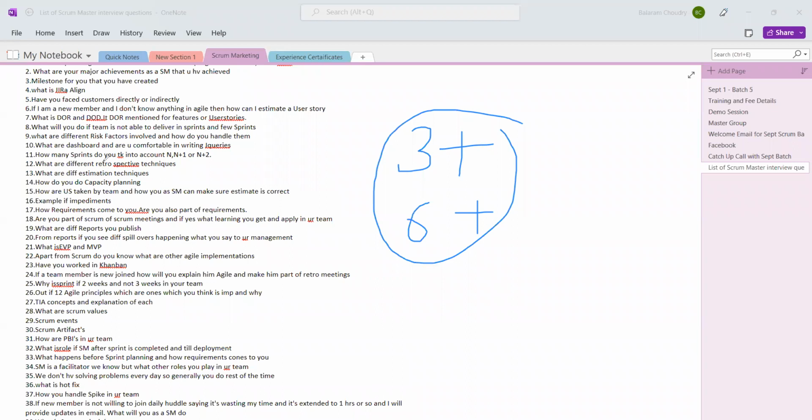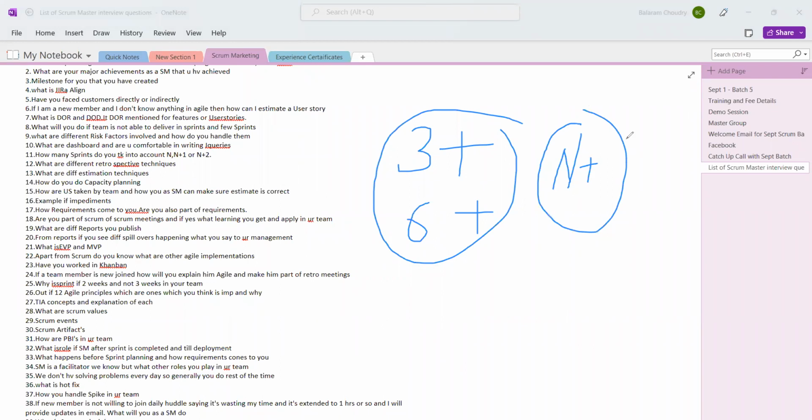Now, what are the different retrospective techniques? This N+1 means what normally applies for sprint delivery. N means the current sprint.